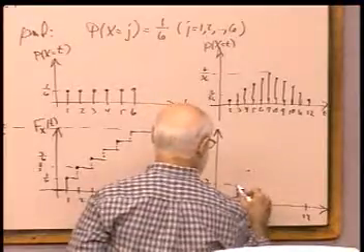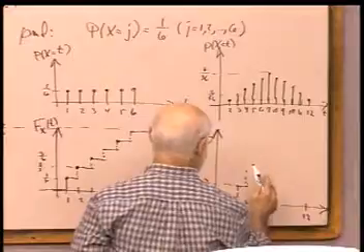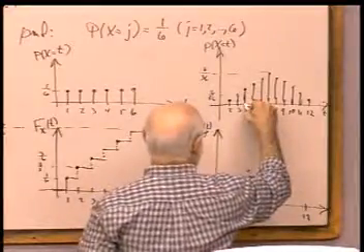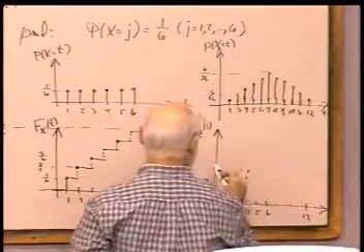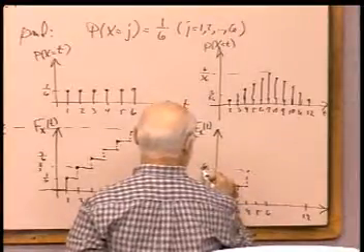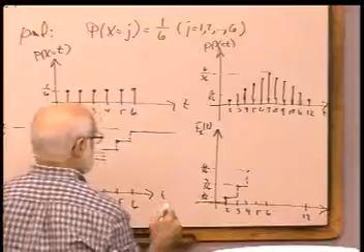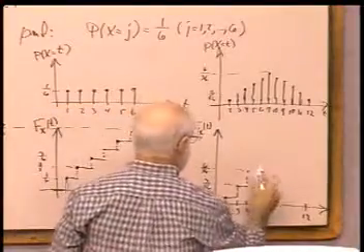And then it stays constant until you reach 4, then it jumps, and the amount of the jump is this, which is 3 over 36, so that's going to bring the total height to 6 over 36. And so on. So it's going to keep jumping.